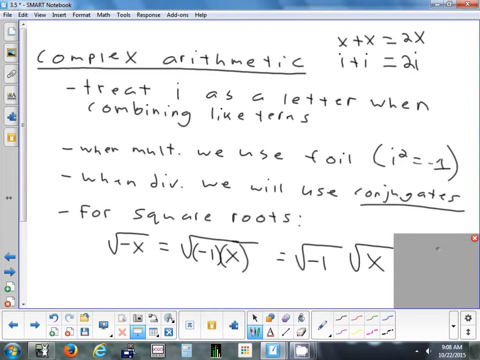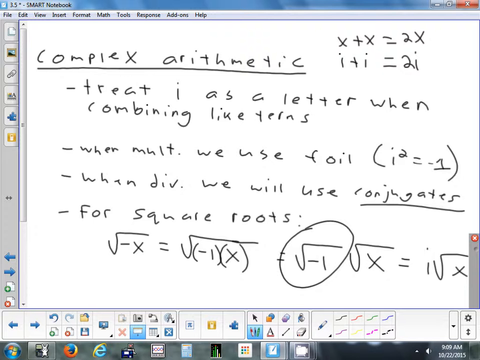You can take the square root of the first number and then take the square root of the second number. Now this first one we already talked about. What's the square root of -1? i. Square root of -1 is i. And then the square root of x, well, it depends what the number is. If it was square root of 4, I would make it 2. If it was square root of 7, I couldn't do anything with it.